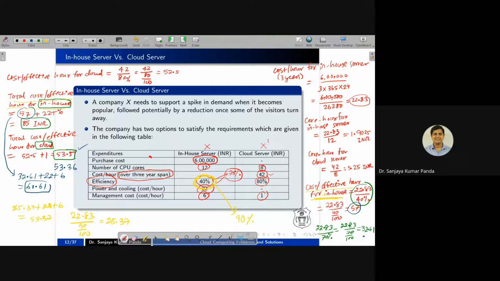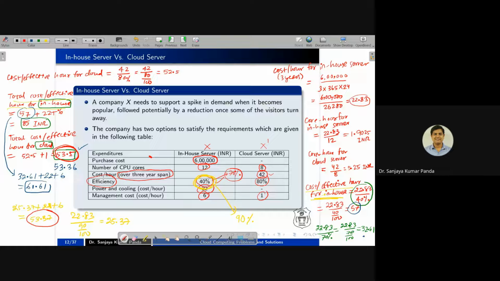So which deployment is better now, cloud or in-house? Cloud. No, in the cloud case we are getting 53.5. You can notice here, the cloud case is 53.5. In the in-house case we are getting 53.37. So which one is better? In-house is better. There is a slight difference, that's why you are not able to differentiate.